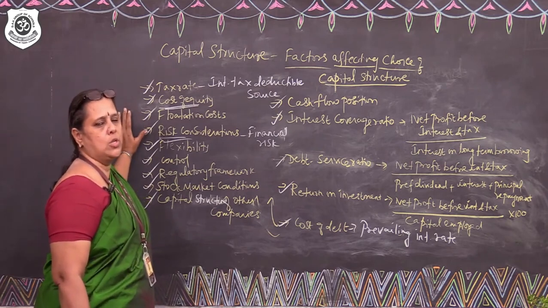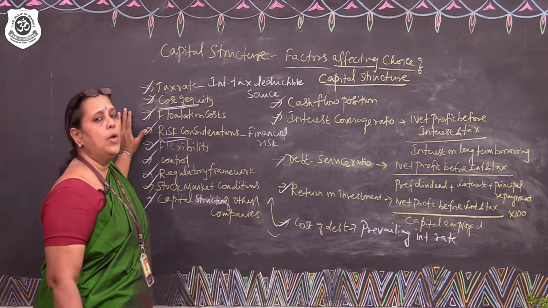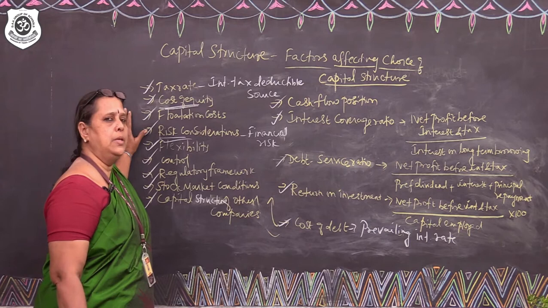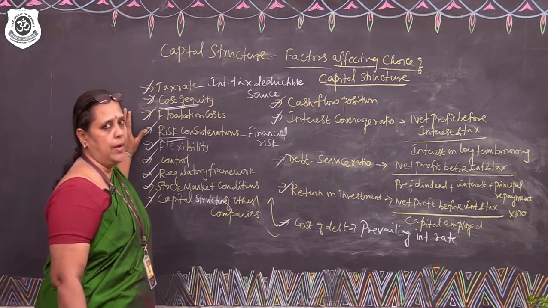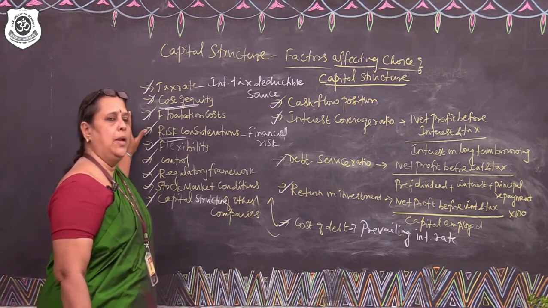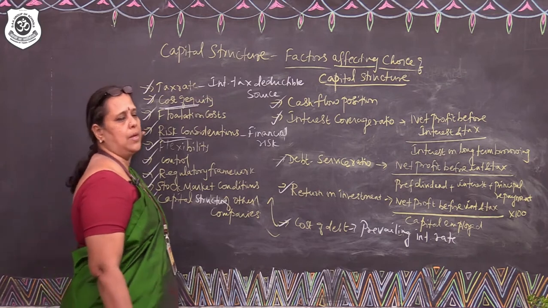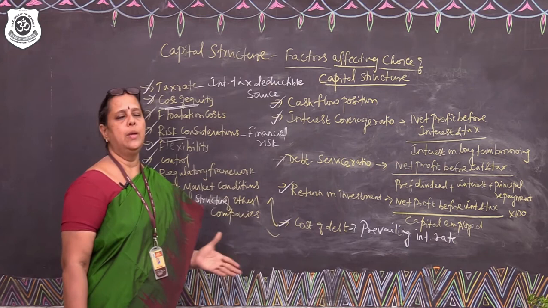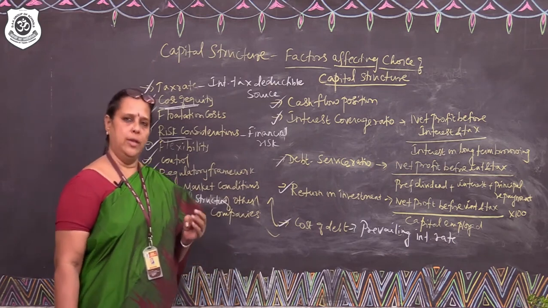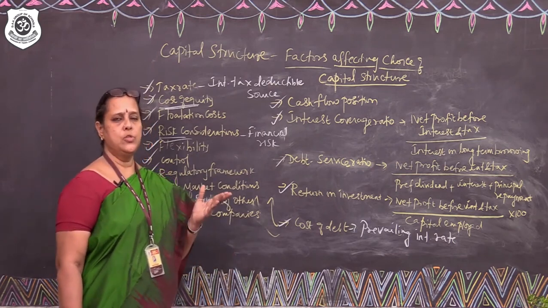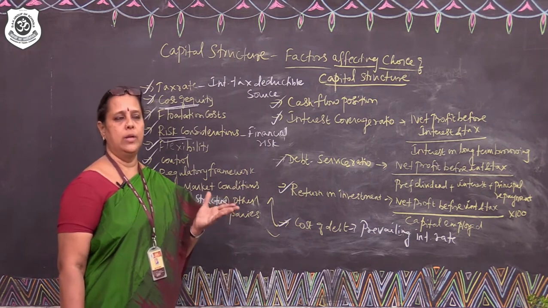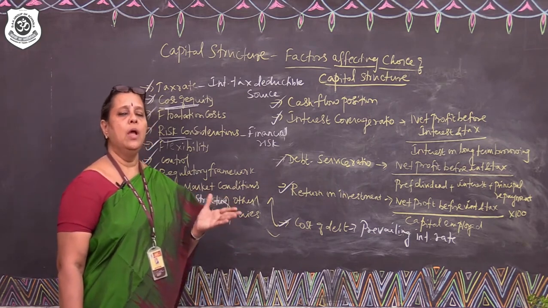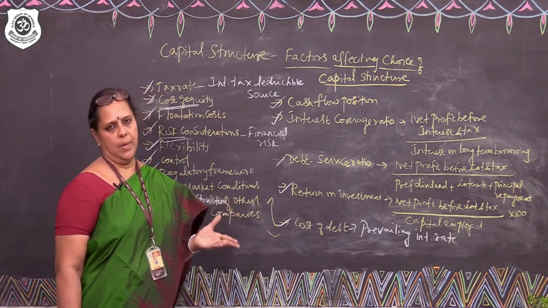Cash flow position talks about the inflows and outflows of cash and cash equivalents in the business. If the company's cash flow position is satisfactory, sound, it can meet out its interest and principal commitments as and when they fall due, the company can confidently employ more of debt and less of equity. But if the cash flow position is not satisfactory or it is not stable, it is safe not to raise money in the form of debentures.